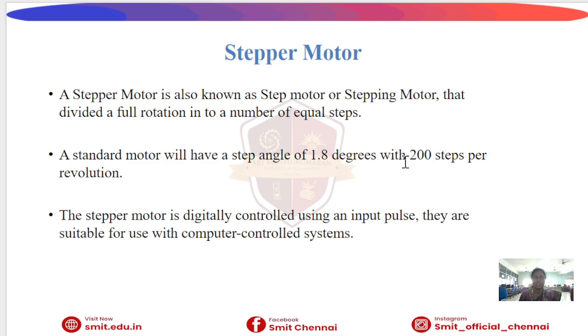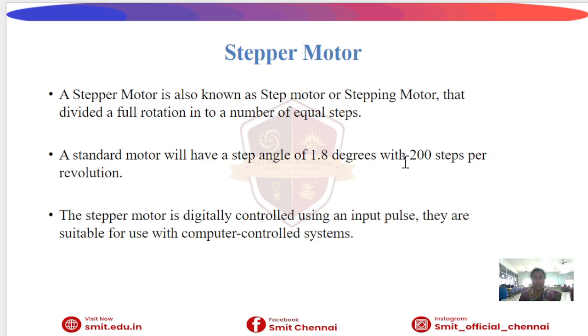For example, a standard stepper motor has a step angle of 1.8 degrees. This means one complete rotation is 360 degrees. You all know about that. So 360 divided by 1.8, what is that? That is 200 steps. So we have 200 steps per revolution.